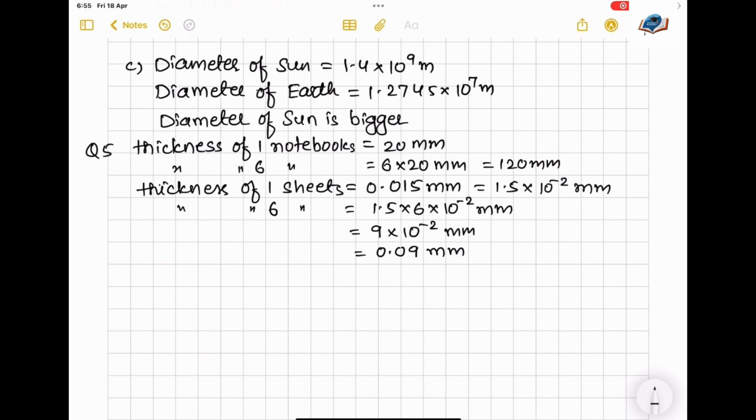So total thickness will be 120 plus 0.09 mm. So that is 120.09 mm.